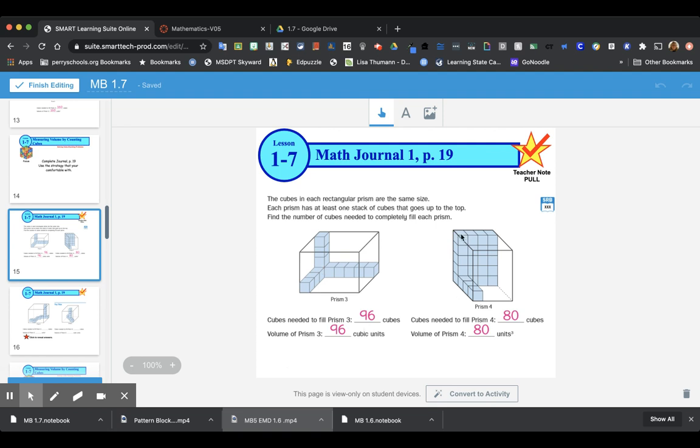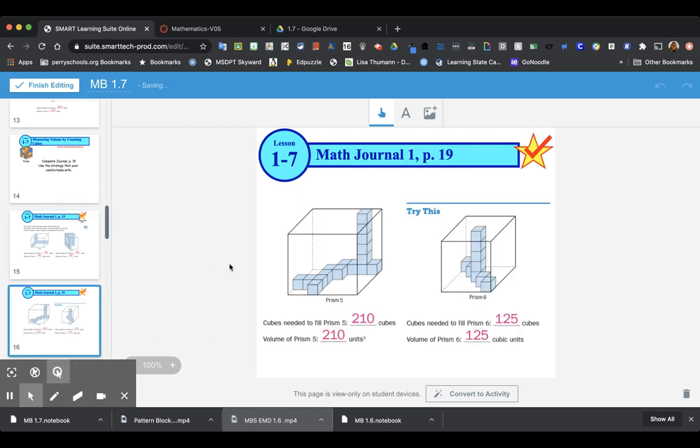For prism 4, you see they give you the area of one side, and so you could have come up with that area and figure out how many layers we needed to fill in prism 4. You could have also done the length, the width, and the height, but we come to 80 cubes or 80 cubic units. And prism 5 and 6, we had 210 cubes or 210 cubic units.